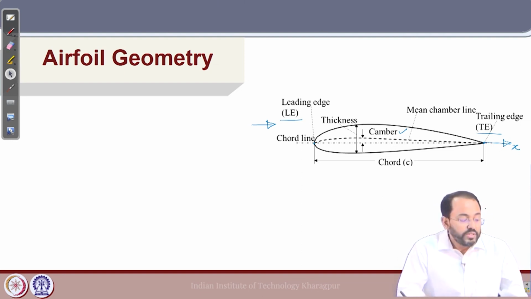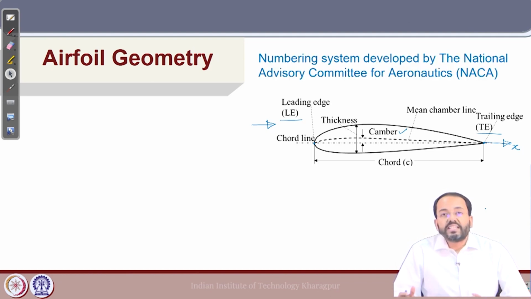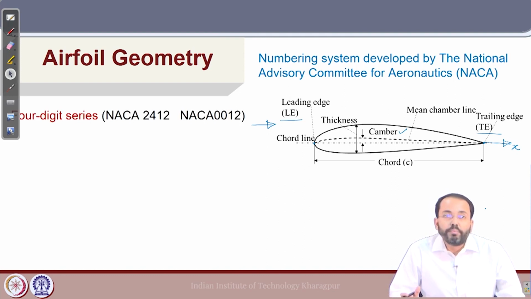The National Advisory Committee for Aeronautics, NACA, has defined certain airfoil sections and given nomenclature based on certain geometrical characteristics of these 2D sections. Because we will be extensively using airfoils in naval architecture, for example in propeller blade sections and rudders, it is good to know some basic characteristics of airfoil sections.